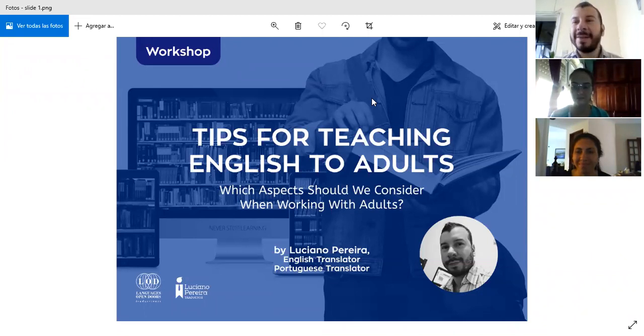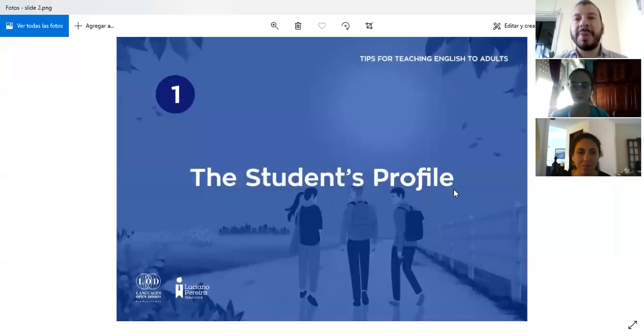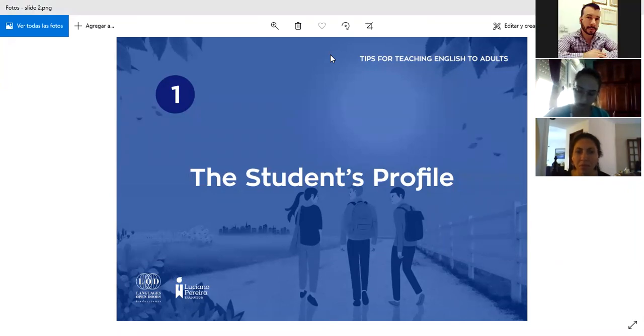But perhaps later you will have the opportunity to work with older students. Okay, so let's begin. First of all, we need to get to know the student's profile. This is very important for us as teachers because, as you know, the teaching process is very complex.